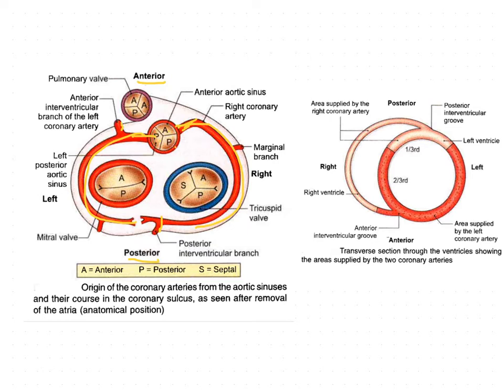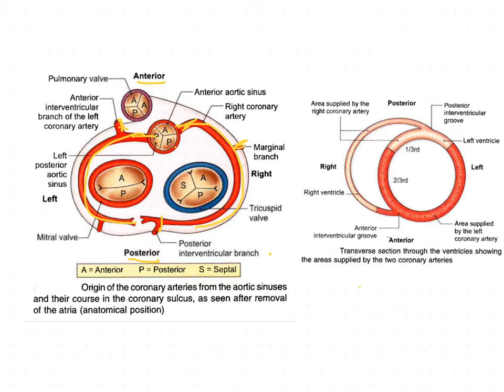At the anterior interventricular groove, it gives anterior interventricular branch by the left coronary artery. Posterior interventricular branch is given by the right coronary artery. Okay, so these are the major branches, and you can see the marginal branch of the right coronary artery here.